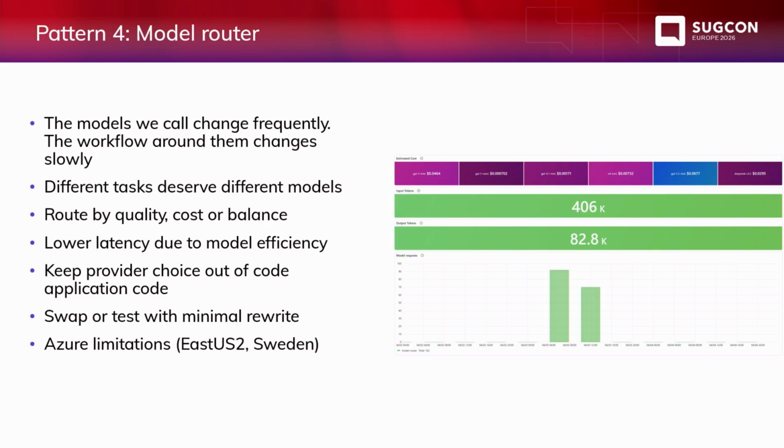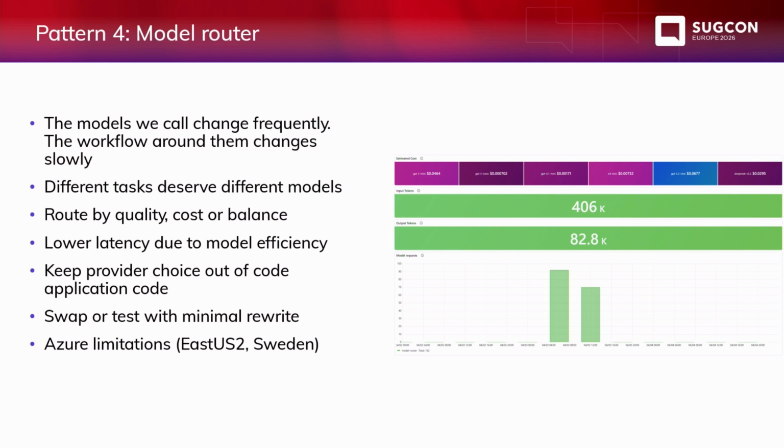The model router is very easy to work with in Azure. Essentially, it's like provisioning any other model, except when you provision the model, you get a couple of options in terms of configuration. So, do you want the model to route by prioritizing quality of the outcome, which obviously is going to be more expensive? Do you want to prioritize cost, or do you want to balance the two things?